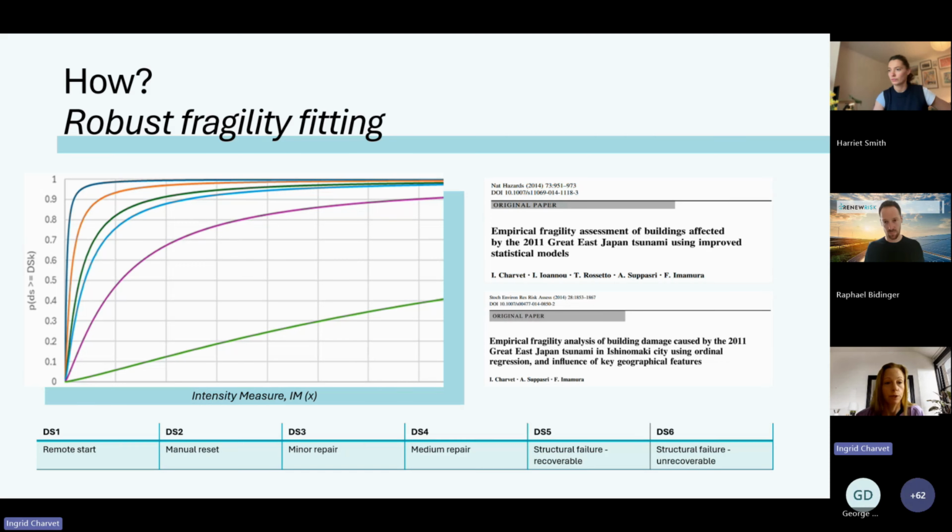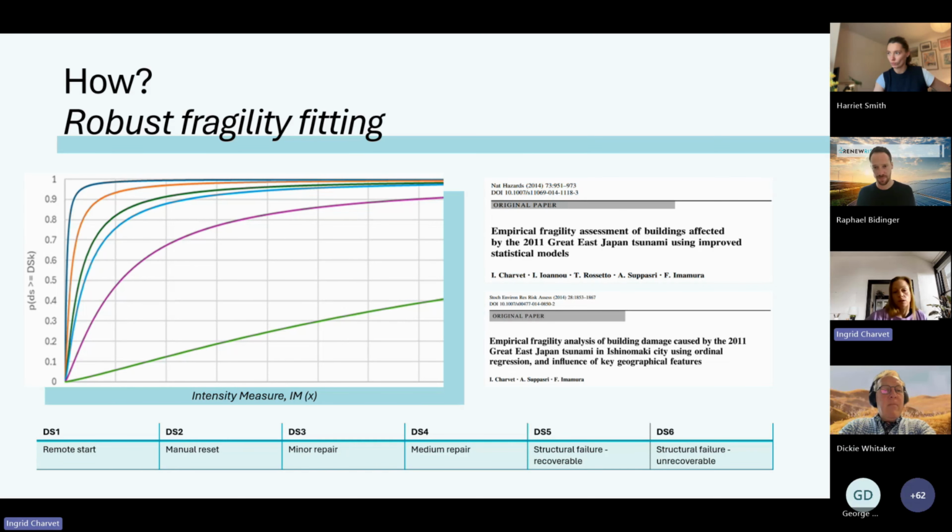And what we do is we bucket the data that we've obtained in the previous step into those different damage states. And we fit to this data what we call fragility curves. So fragility curves, that's what you see on the top left of the screen, give you a probability of each of these damage states for each given asset and their primary characteristics as the hazard intensity measure increases, so as the severity of the hazard increases.